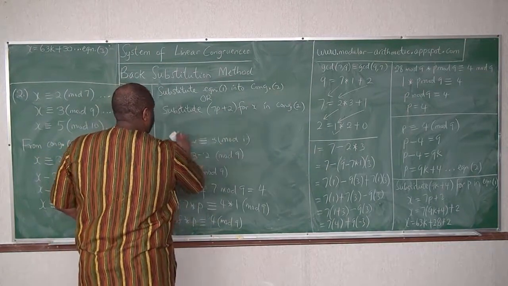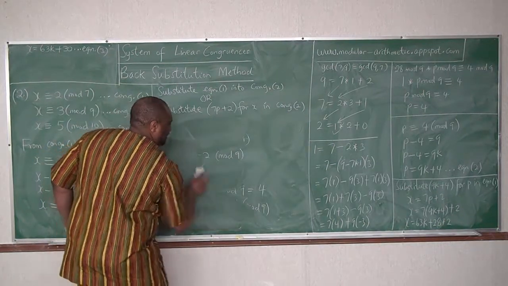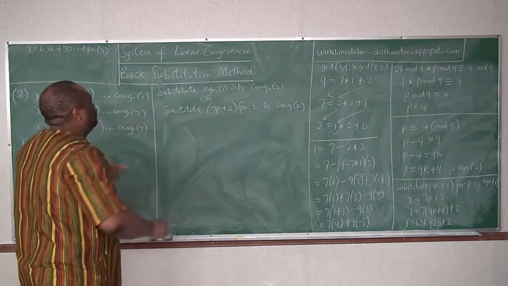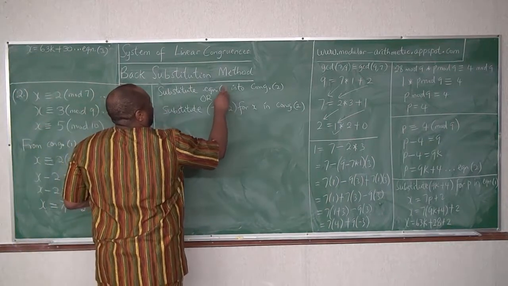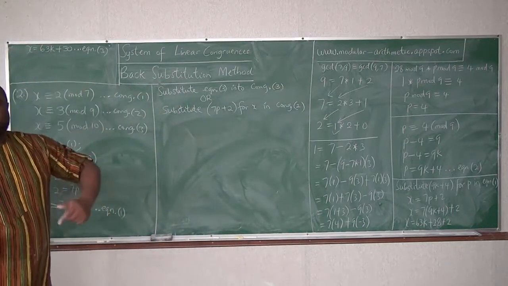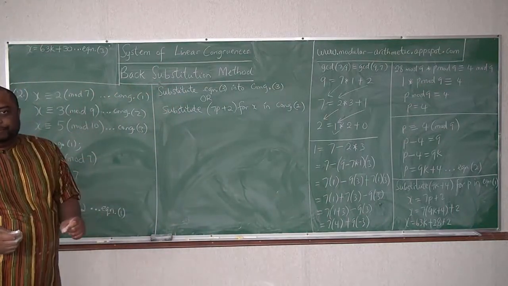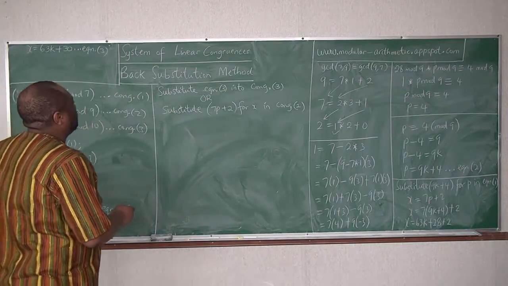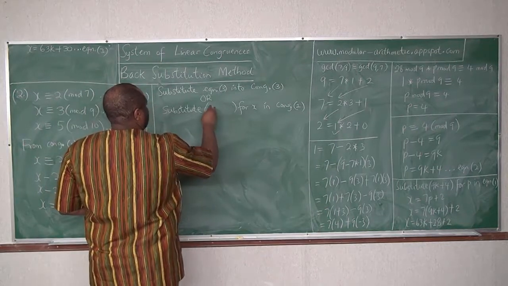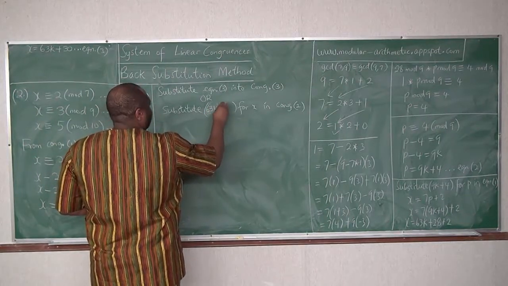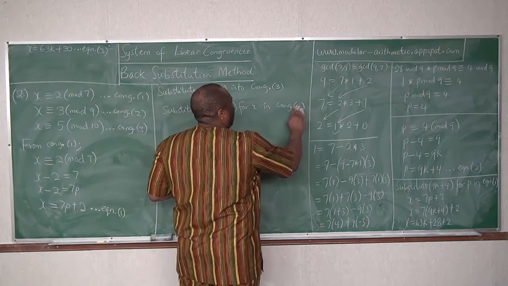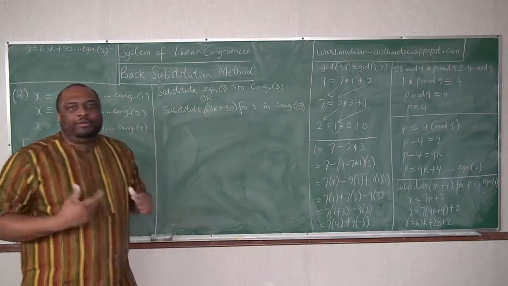Now, I'm going to erase from here. The next thing we'll do is substitute equation 3 into congruence 3, because we have to use everybody. Or we can say substitute 63k plus 30 for x in congruence 3.